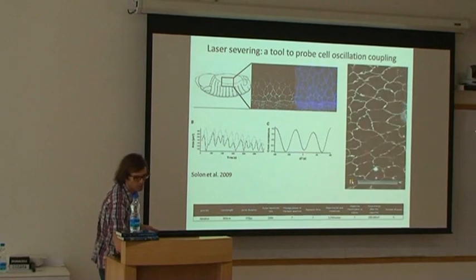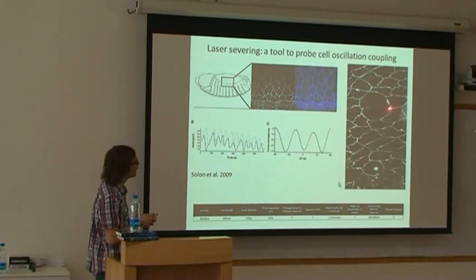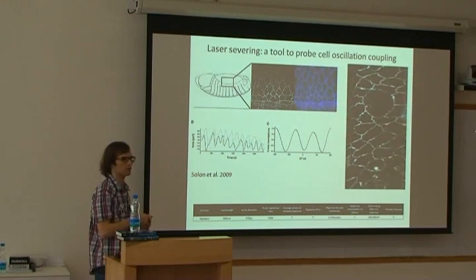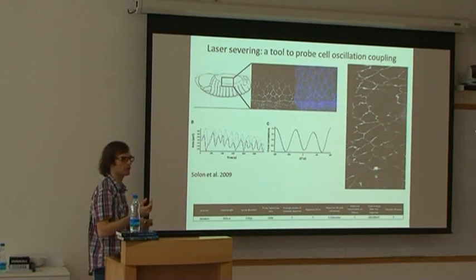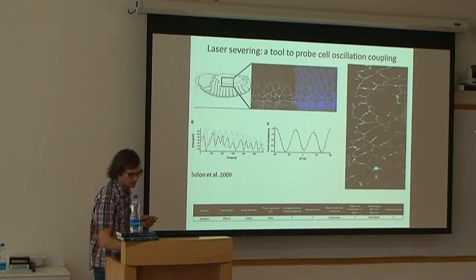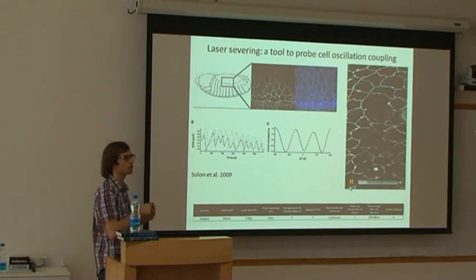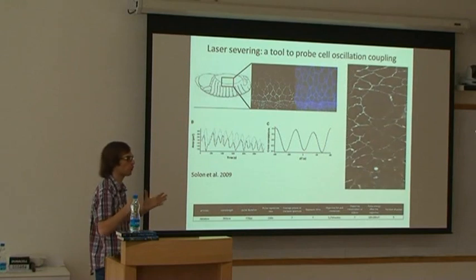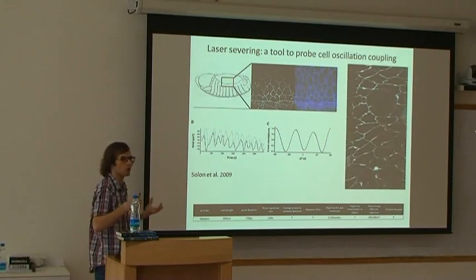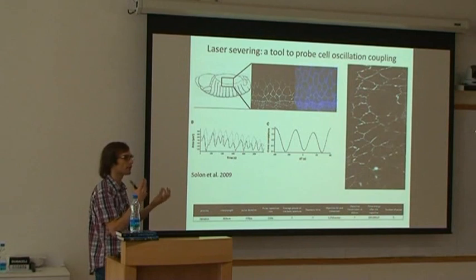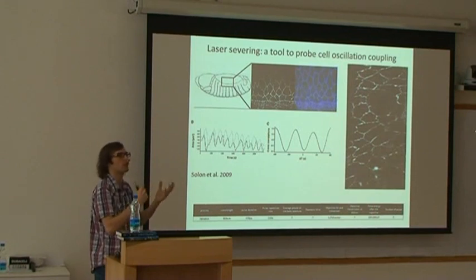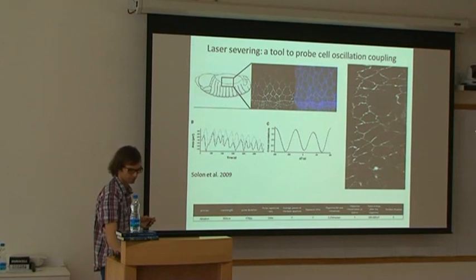But the idea was to block a few cells from oscillating and see how the other cells around would oscillate. As you could see, by ablating two cells, so destroying two cells, the cells around, which were mechanically coupled, also stopped oscillating, showing that this oscillation is a process driven by the interaction among cells.